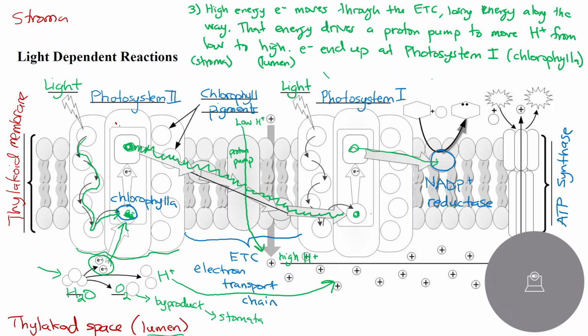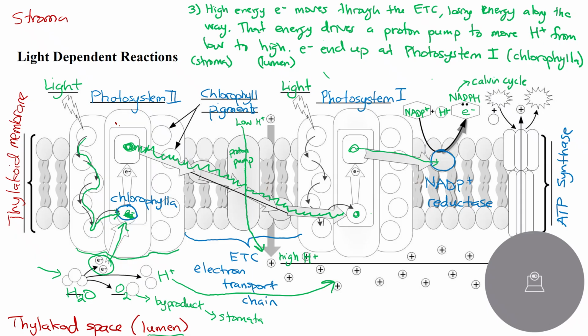That NADP plus reductase adds that high energy electron to this molecule here called NADPH. It does this by combining NADP plus and a hydrogen ion to capture that high energy electron. Okay, so this high energy electron carrier now goes to the Calvin cycle.